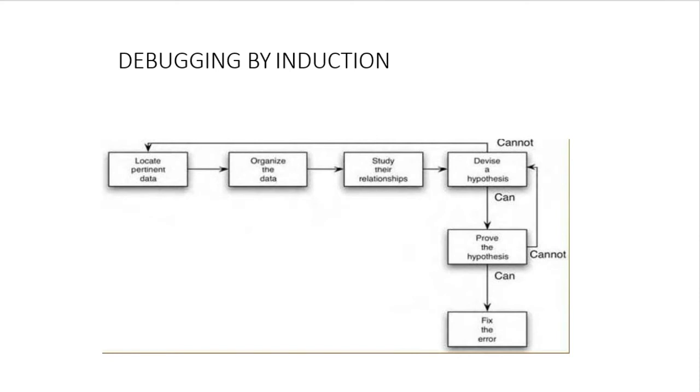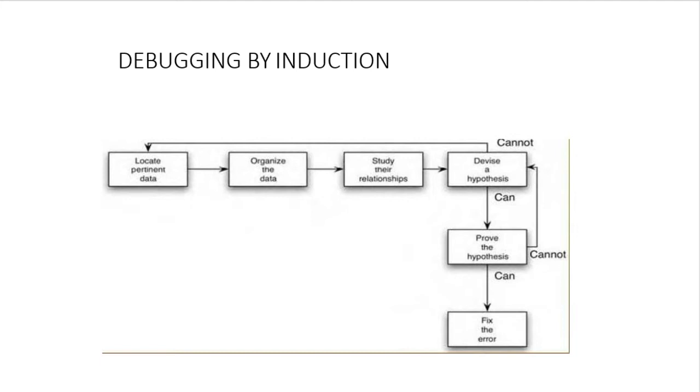The diagram shows the explanation. Firstly, locate the pertinent data, which means collect the relevant data, and after that, organize the data. Data is organized, which includes both the correct and incorrect data. Then find out the relationship.